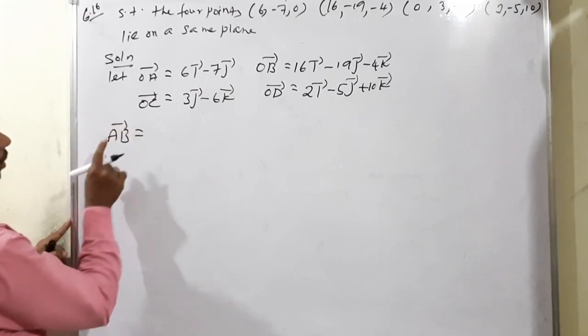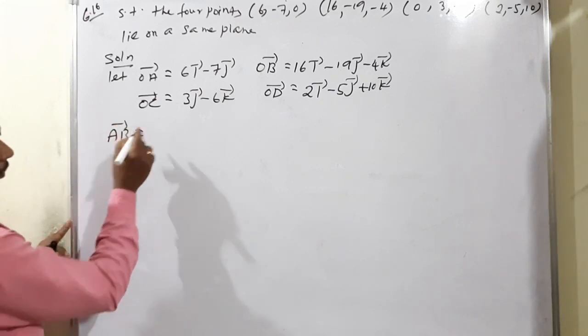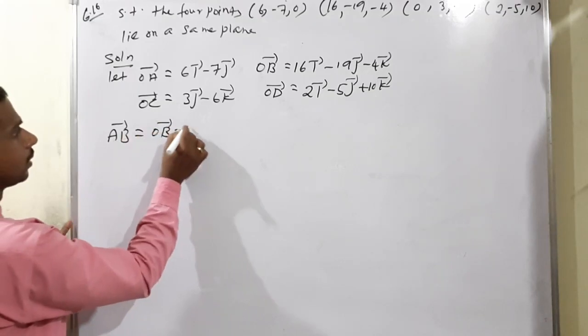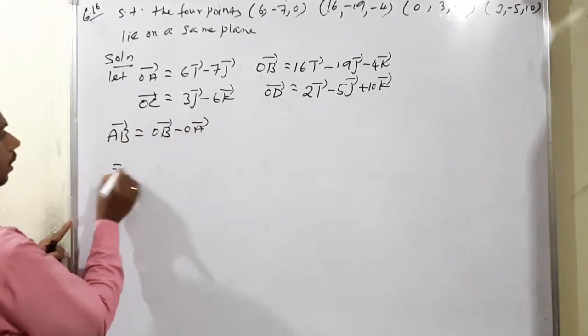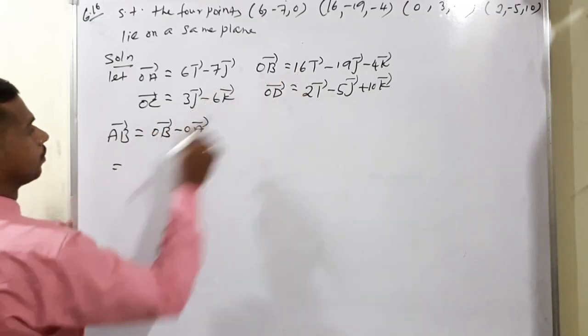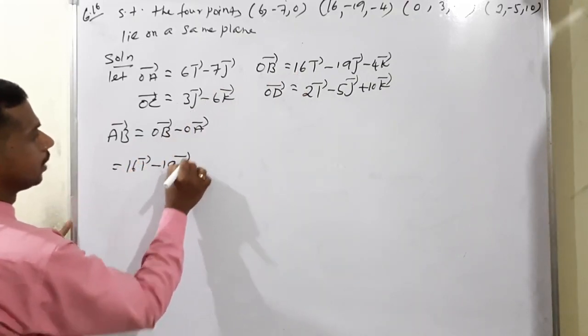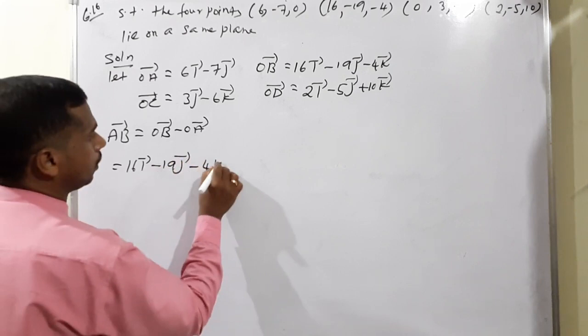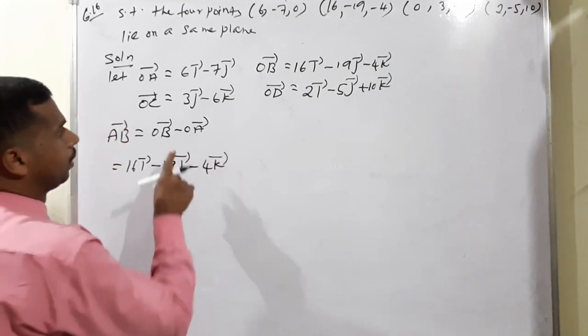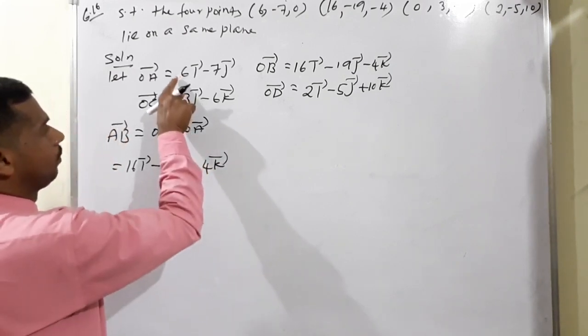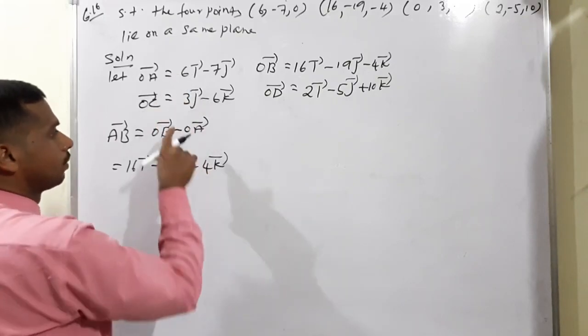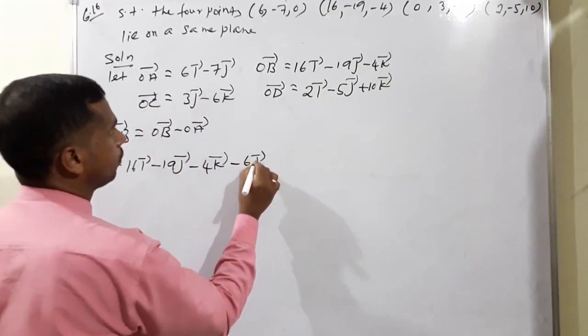AB vector is equal to end point minus starting point. OB vector minus OA vector. OB vector means 16i vector minus 19j vector minus 4k vector. Then OA means each and every sign we have to change. This plus sign means we can write it minus 6i vector.